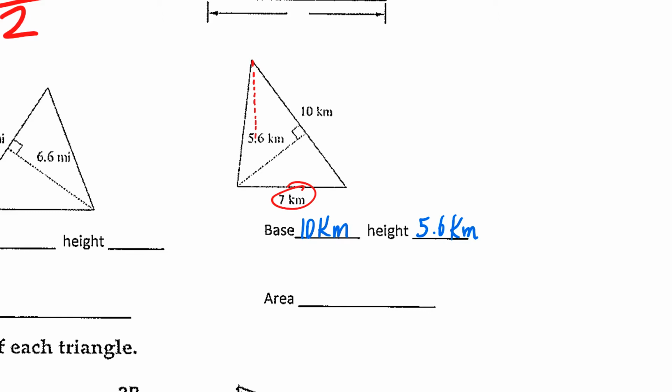I don't know what the height is right here. If I knew how long that line was, then I could use 7 as the base. But since I don't know what that dimension is right there, that's the reason I'm not using that. Okay, so 10 times 5.6 divided by 2. 28 square kilometers.